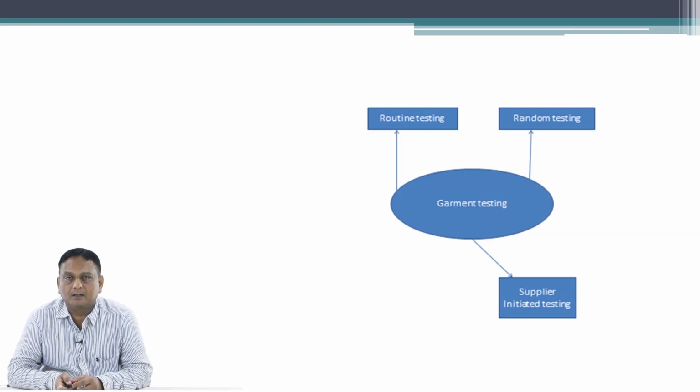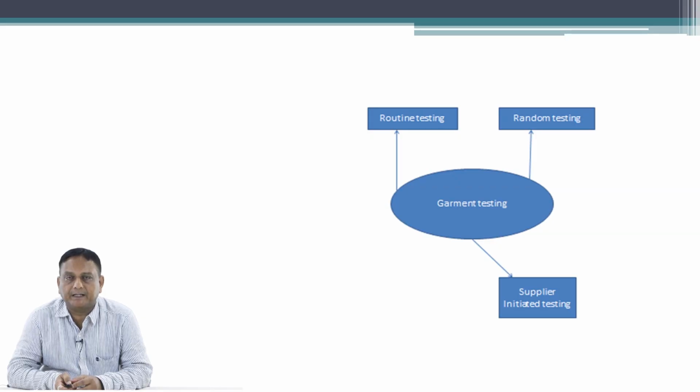We have covered random testing, and also supplier initiated testing, and why it is important for building confidence in the supplier's mind. Routine testing is very important from the supplier's point of view, because without passing the test report on the different parameters of RSL, the material cannot be shipped.